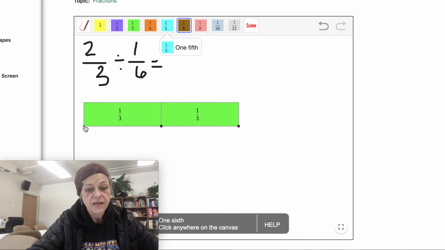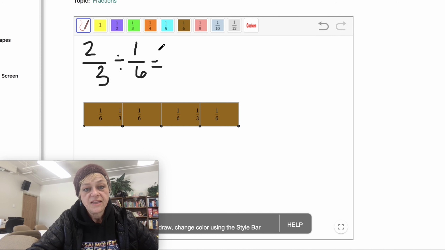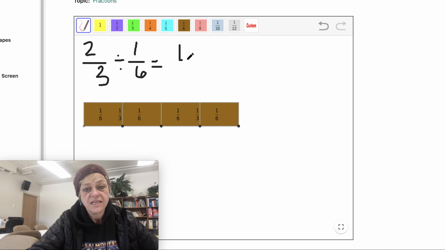All right, you ready to count? 1, 2, 3, 4. The answer to 2/3 divided by 1/6 is 4. So in other words, 1/6 fits into 2/3 4 times.